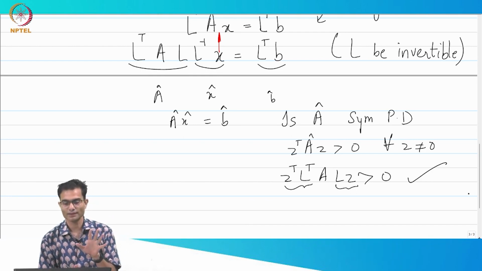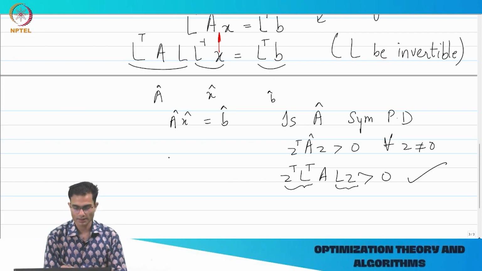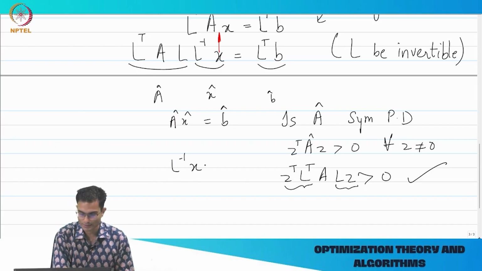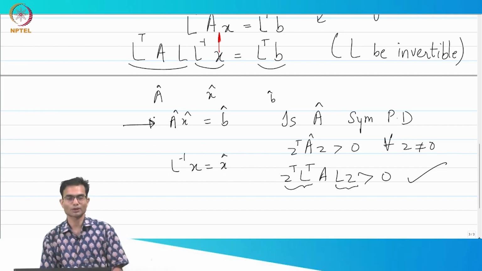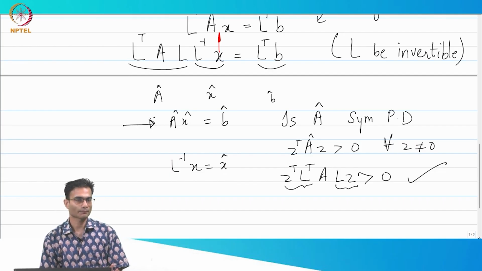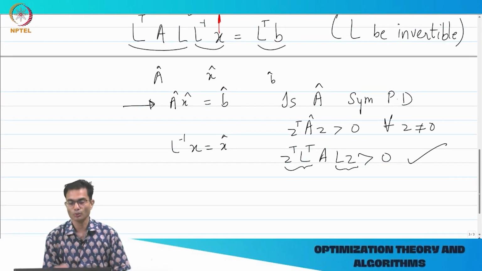Once I solve X hat, how do I get back my X? Multiply by L, right. So L inverse X is equal to X hat. If I could solve this problem, I just need to multiply by L and get back my X, I am done. Now the part of how to get L we will get to, as I mentioned.